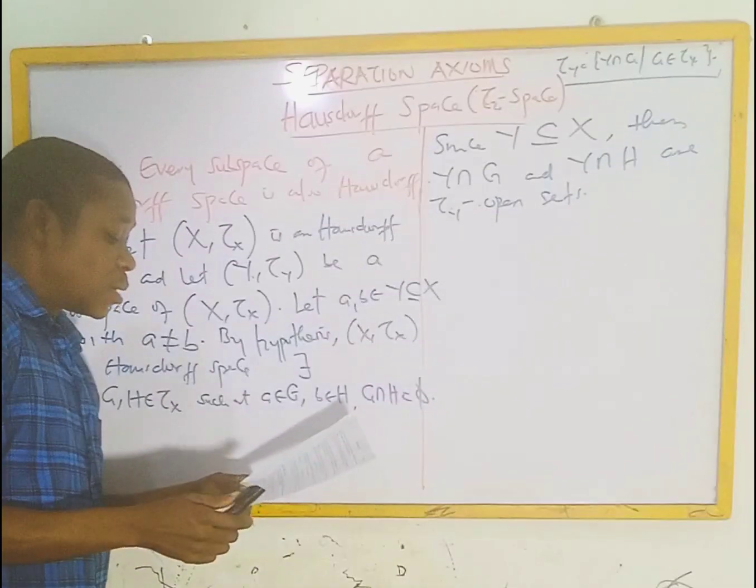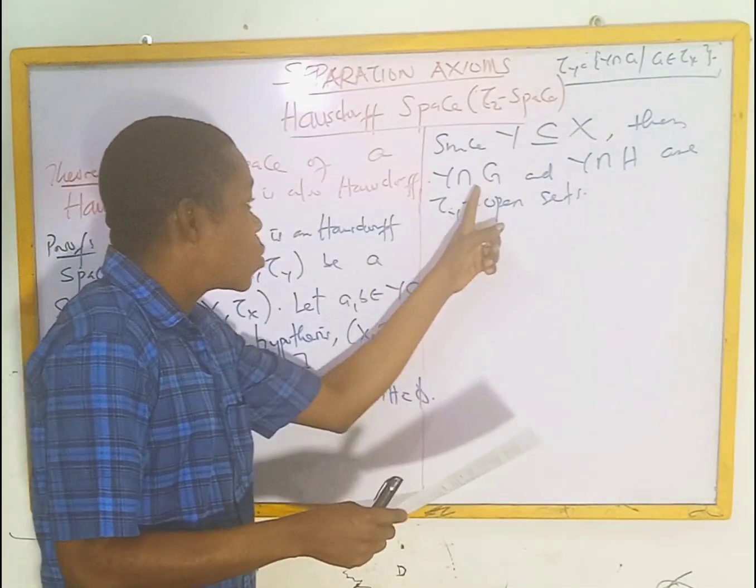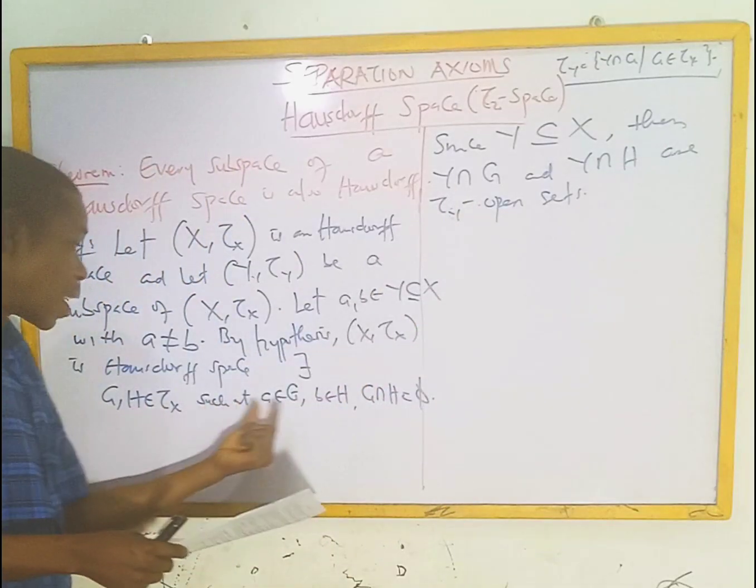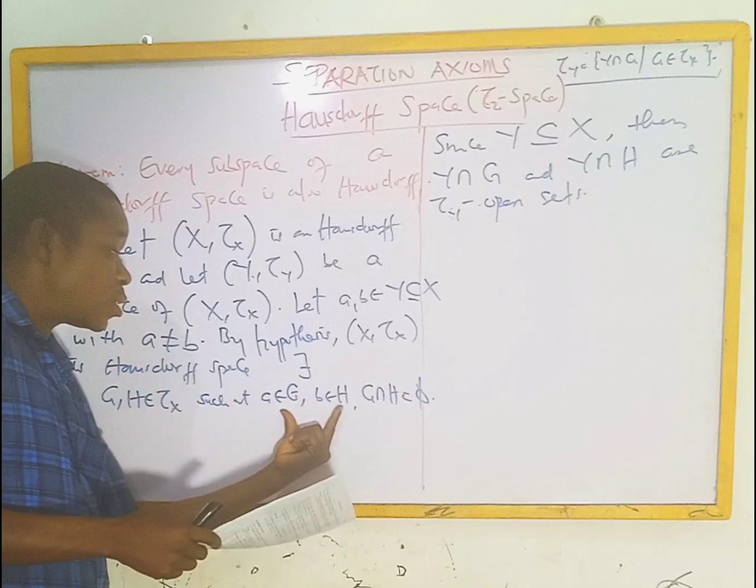Now, let's look at something. Don't forget that we are picking a and b from Y, two distinct points.